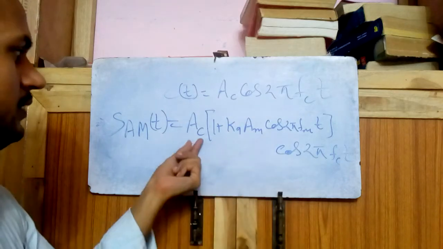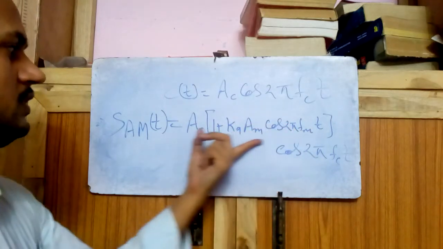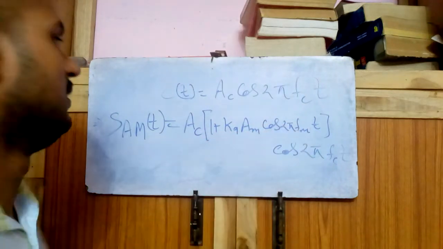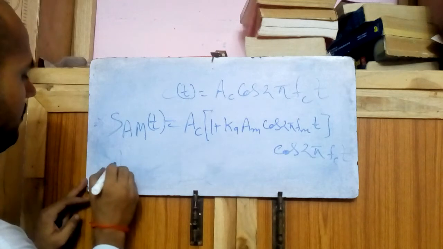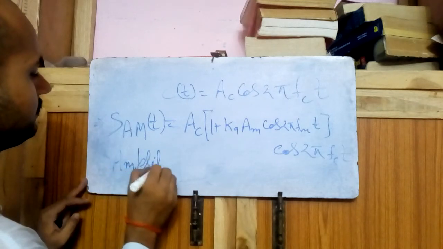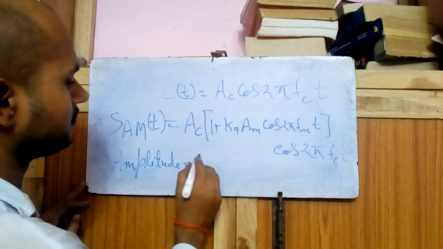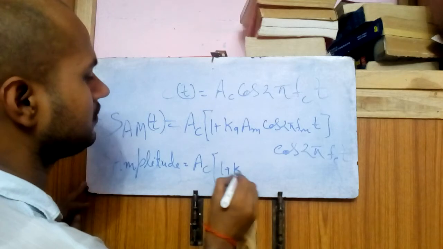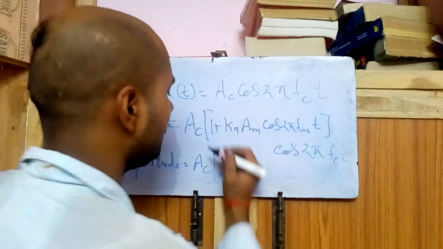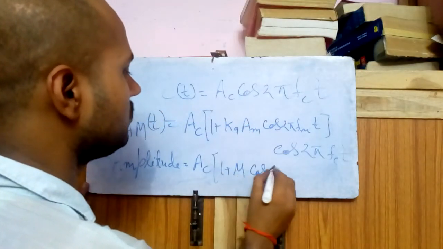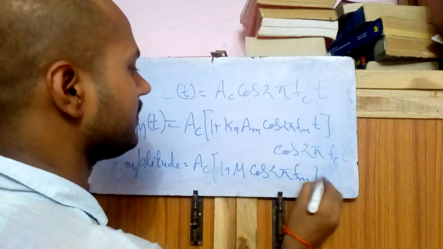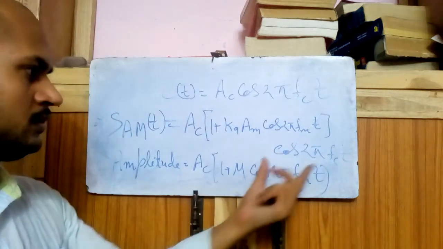Here the amplitude is Ac. Here the amplitude will be this whole formula, right? So the amplitude will be Ac [1 + mu cos 2 pi fm t], where Ka Am is called mu.